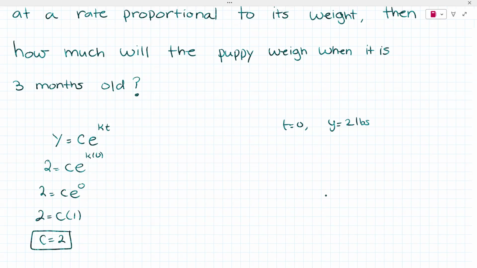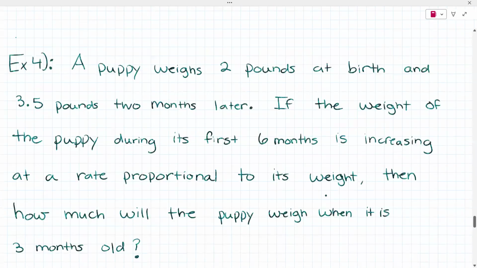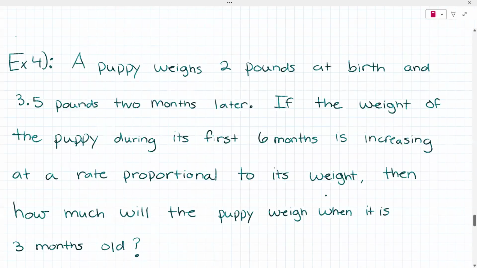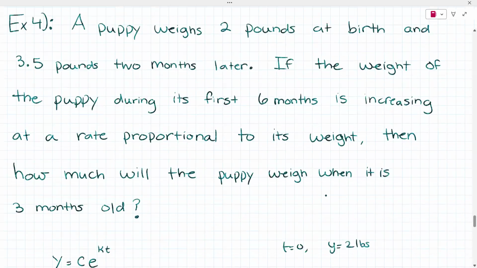Okay, now what we're going to do next is use our other condition. At 2 months later, it weighs 3.5 pounds.